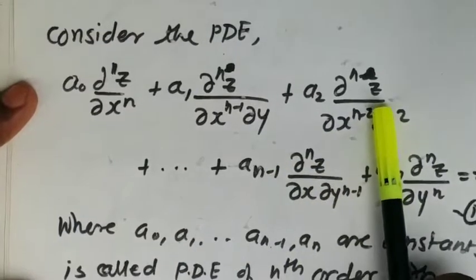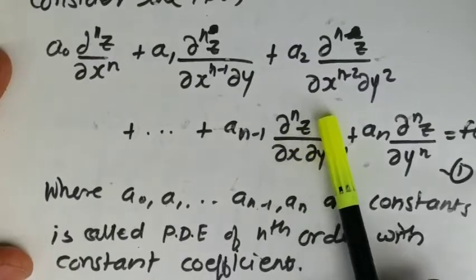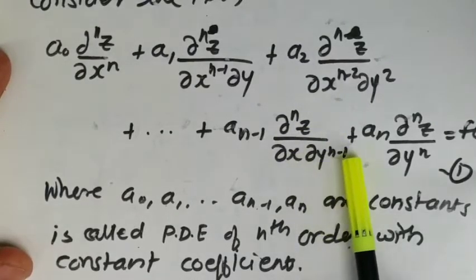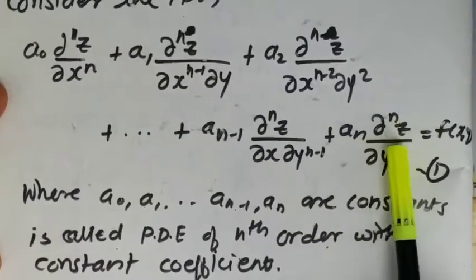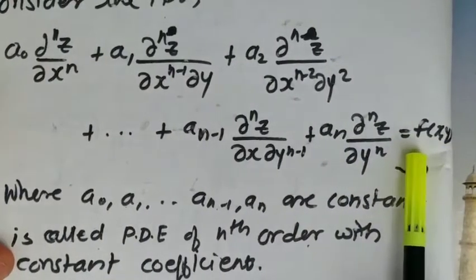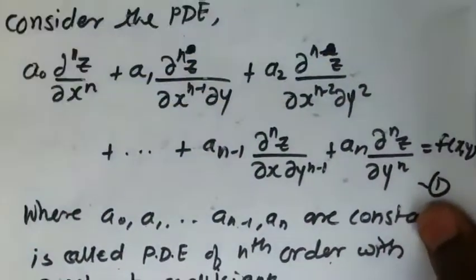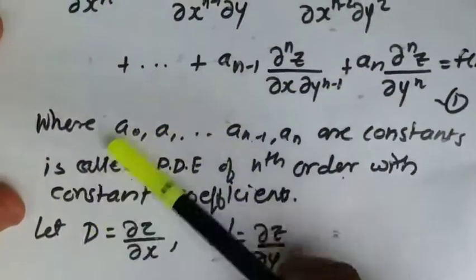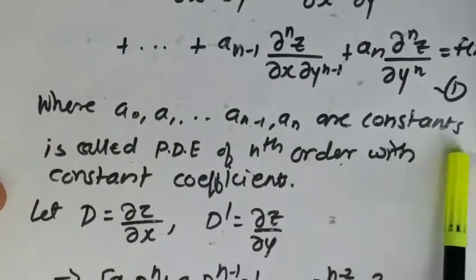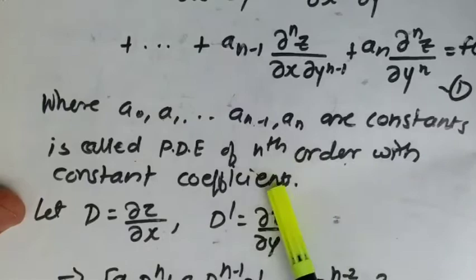This is also an nth order derivative, plus up to a(n minus 1) del n z by del x del y raised to n minus 1, plus an del n z by del y raised to n, equal to the right hand side function, which is a function of two variables x and y. Hope it is visible to you. It is f of x comma y. Where a0, a1 up to an are constants, this is called a partial differential equation of nth order with constant coefficients.